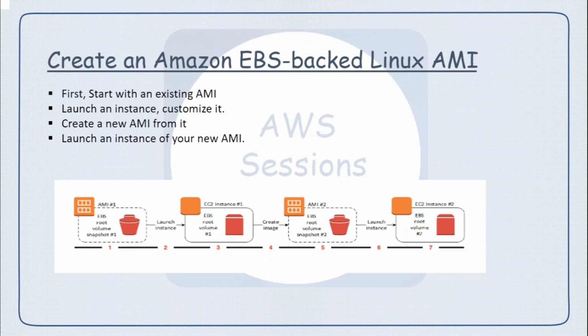You can customize it. Then you can create a new AMI from that, and the new AMI will be having all those things or configuration that you have done. And finally, you can use that AMI to launch new instances. So this is a very straightforward way of creating AMI and launching it in case of EBS backed.